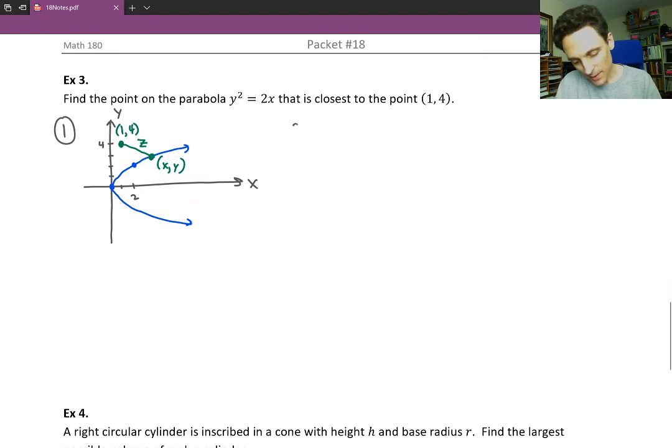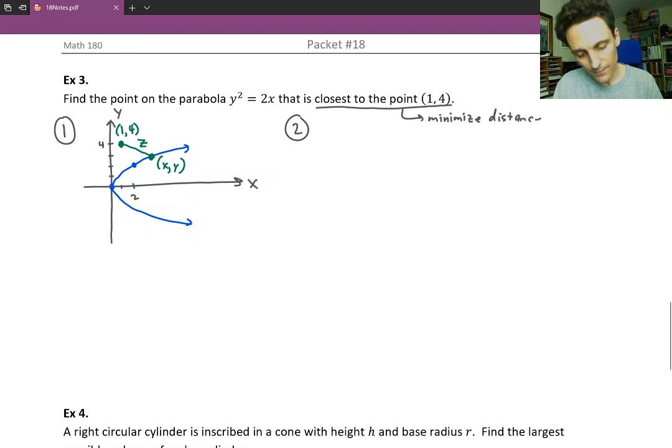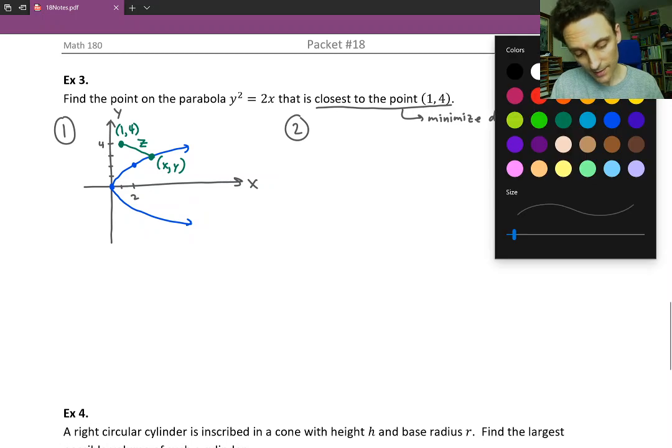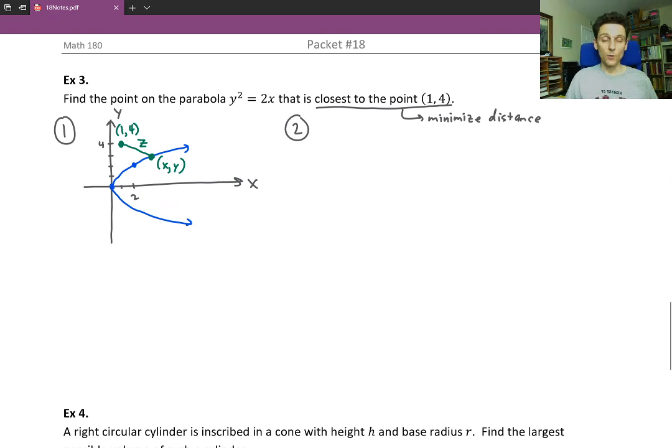Now the second step of solving these optimization problems is to come up with some kind of function that models the thing that you're trying to minimize. If we look at closest to the point (1, 4), that means minimize the distance between a point on the parabola and the point (1, 4).